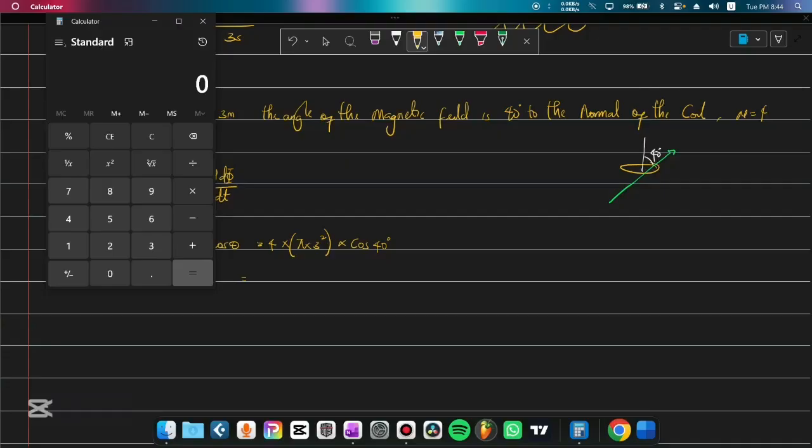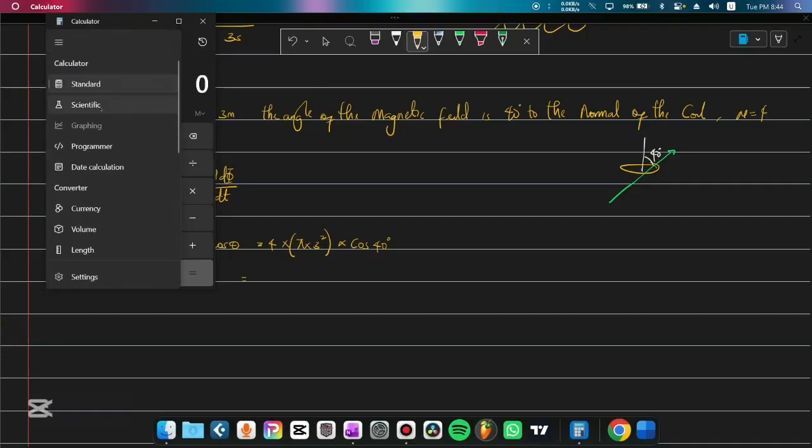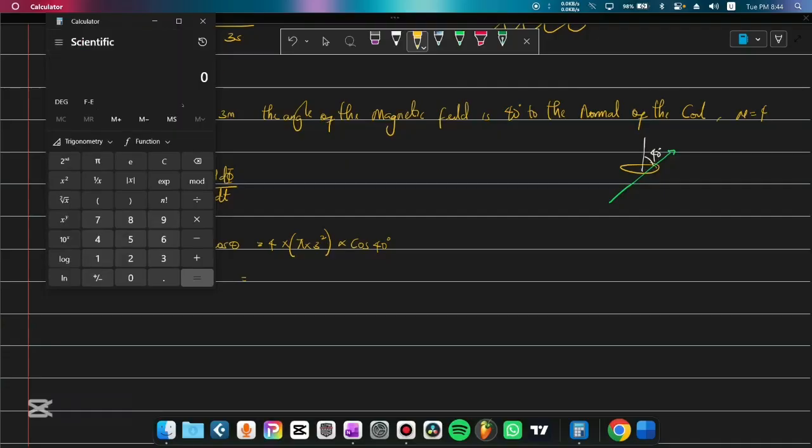Let me change the calculator to a scientific calculator. So we're going to be having 4 times, open the bracket of, do we have pi on the calculator?